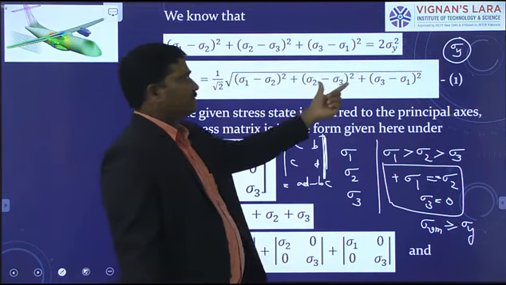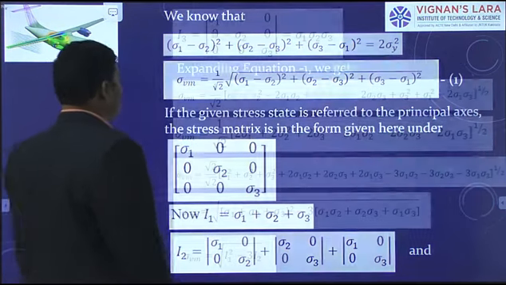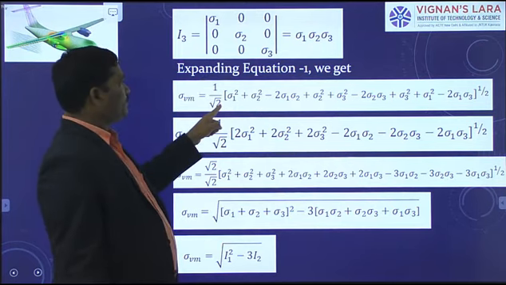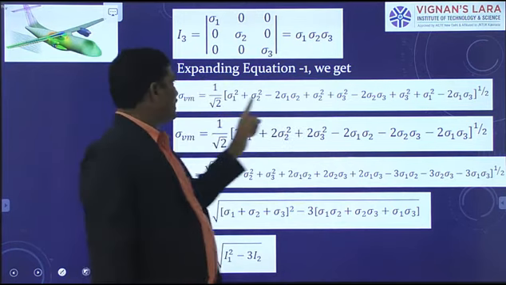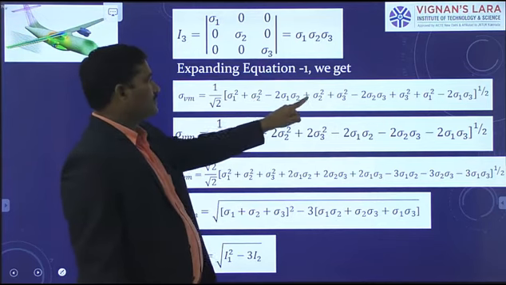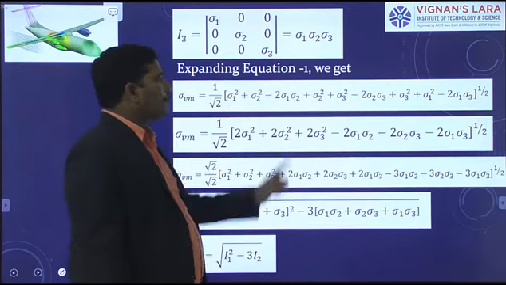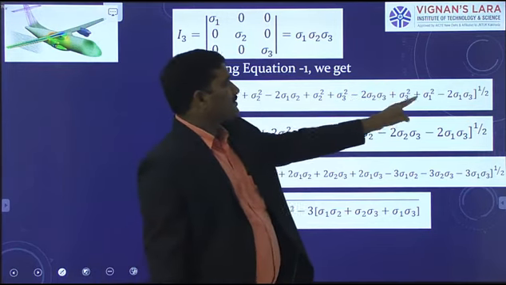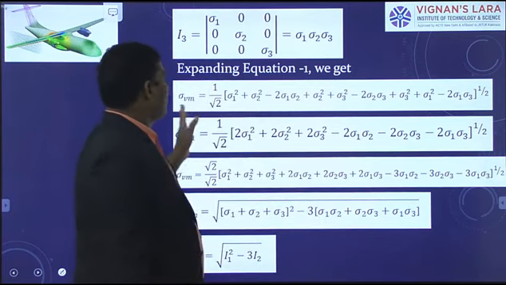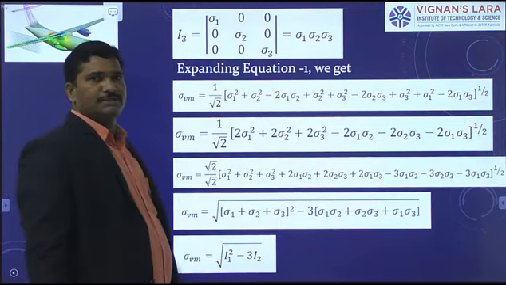Similarly, the others also can be expanded. Von Mises stress equals 1 by square root of 2 into [sigma 1 square plus sigma 2 square minus 2 sigma 1 sigma 2 plus sigma 2 square plus sigma 3 square minus 2 sigma 2 sigma 3 plus sigma 3 square plus sigma 1 square minus 2 sigma 1 sigma 3] to the power of 1 by 2. After expanding, you get like this.